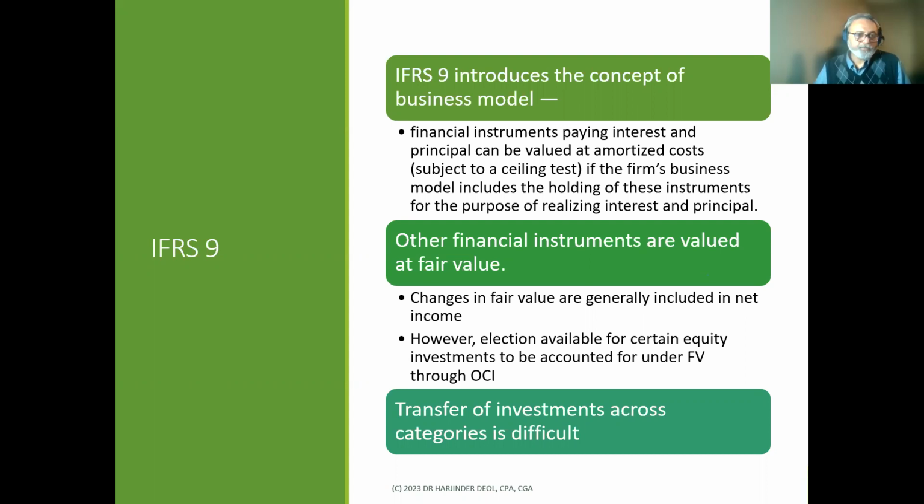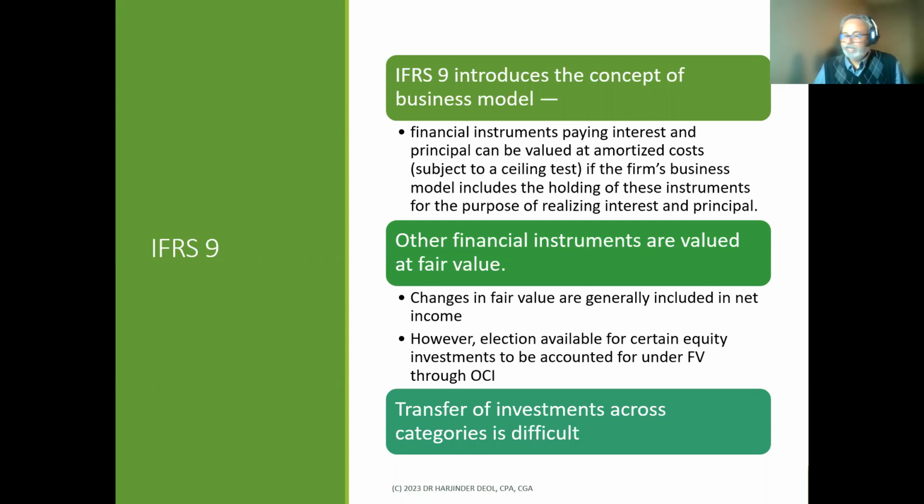One of the things that IFRS 9 did was it came up with this concept of business model, right? In the past, companies could choose how they wanted to account for certain financial instruments. That's no longer possible because that choice is now governed by what the company intends to do with that particular financial instrument.